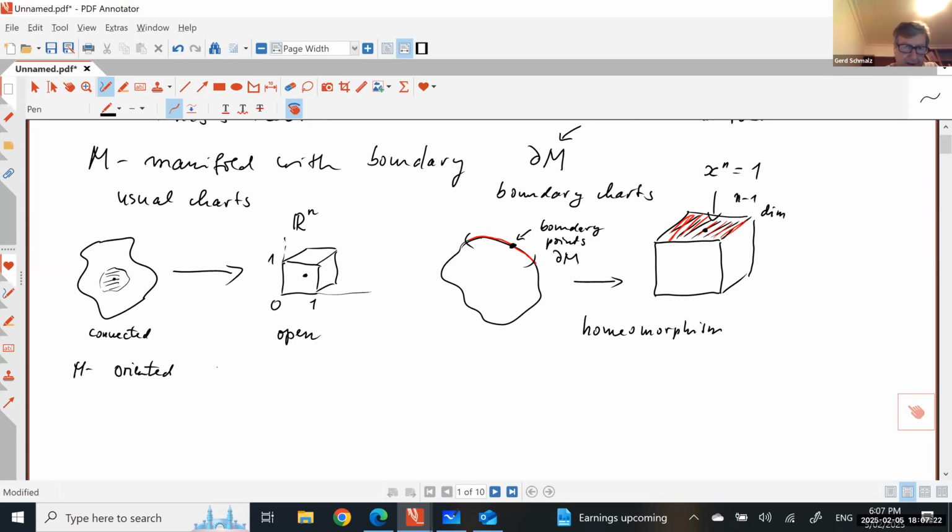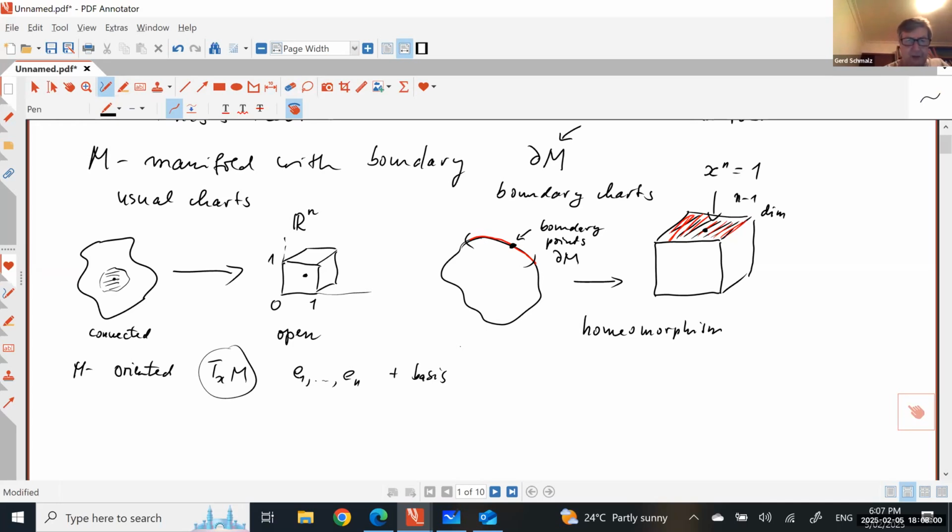Then at some point in T_xM, in this vector space, we can find an orientation just by choosing a basis, maybe e_1 to e_n, as a positive basis. We can choose that. So we can choose a basis and declare this as a positive basis.